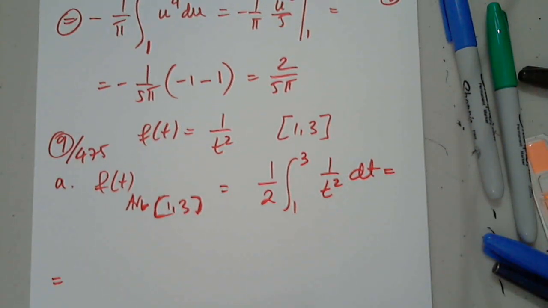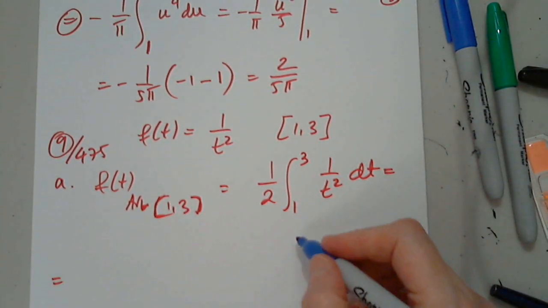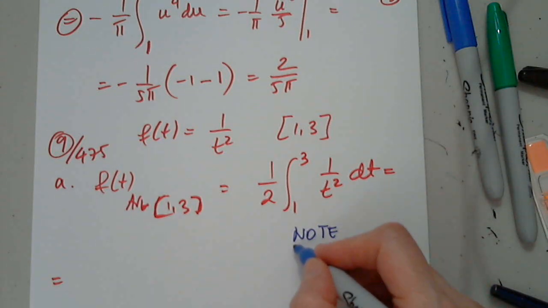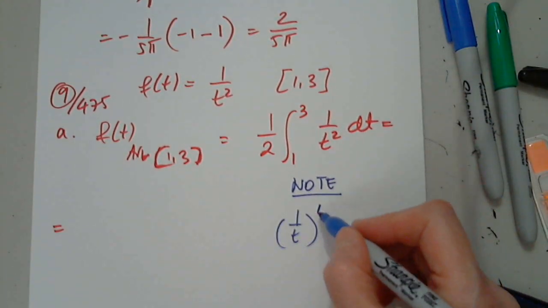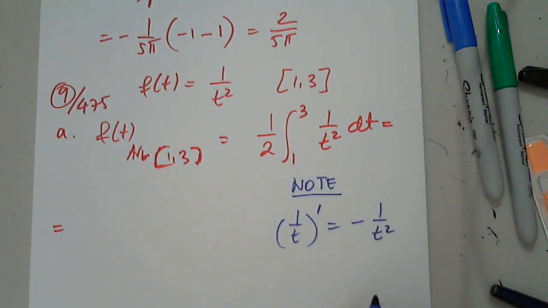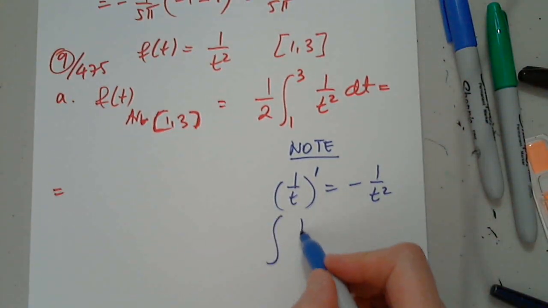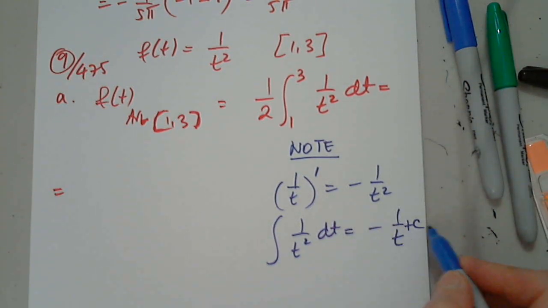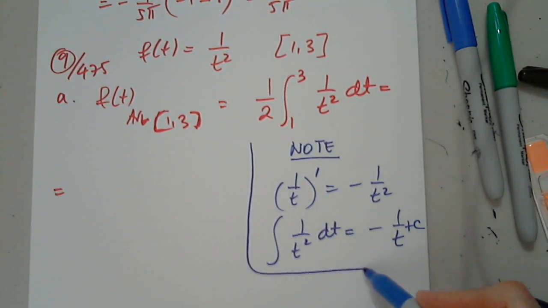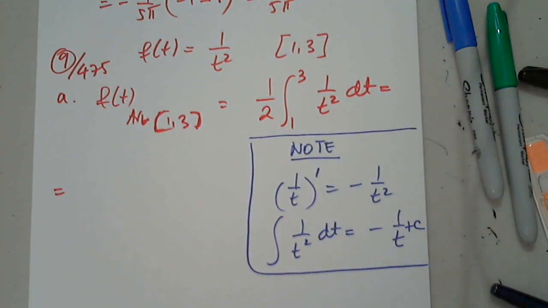A side note here, please, this is super important. Please remember that the derivative of 1 over t is -1 over t squared. When we integrate 1 over t squared dt, we'll get -1 over t plus a constant c. Super important from Calc 1.